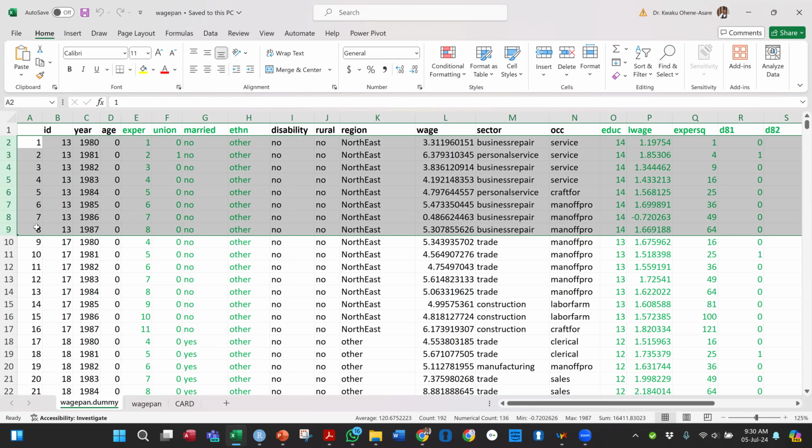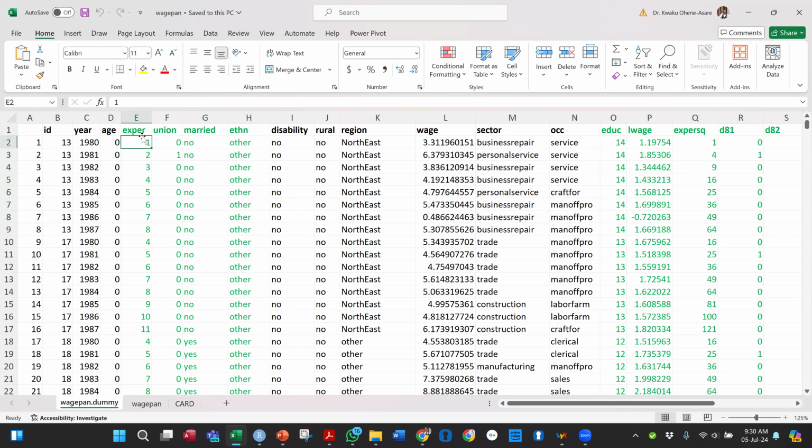The key variables that I'm interested in for us to look at are the ones highlighted in green. By the end of 1980, that person has how much experience? 1 year. By 1981, the person has 2 years of experience. And by 87, the person has 8 years of experience.